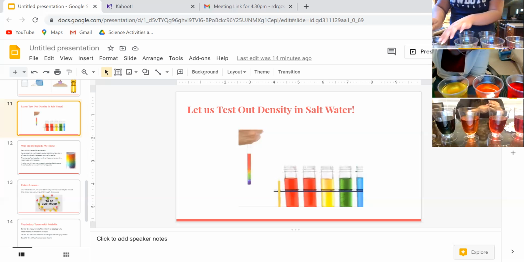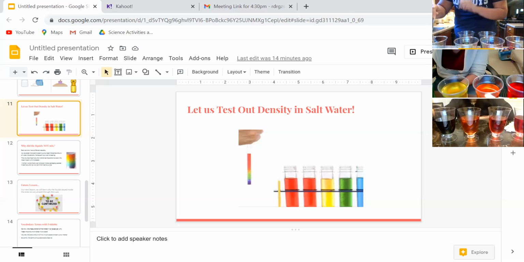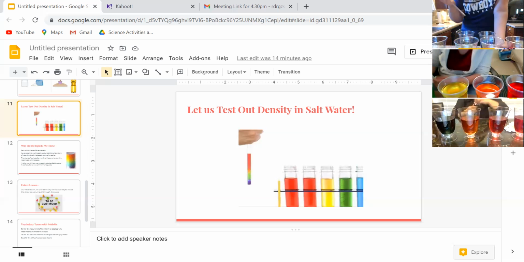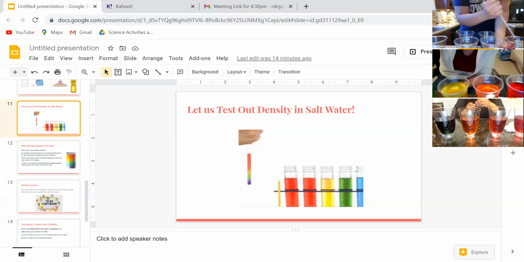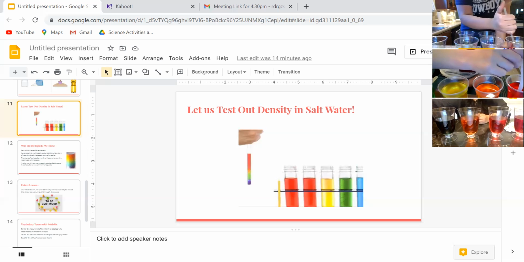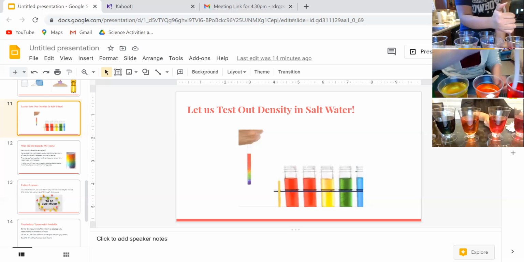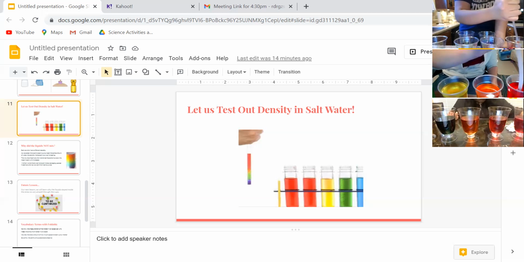Great. So once we got all the colors, this is the part where we're gonna take our straw, just to test it before we actually do the experiment. I want you guys to take your plastic straw and dip it into your first cup. Hold your thumb over the top of the straw so you can capture it kind of like a syringe. And if you can see the color really good, just like that, then we're ready to move on.